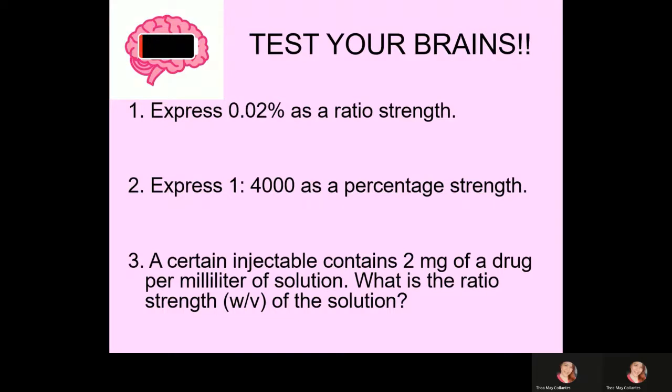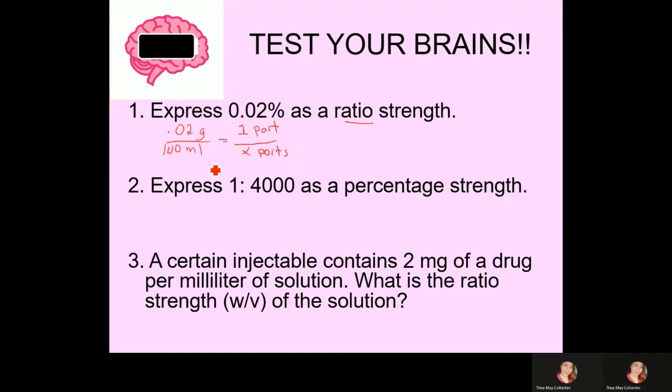Okay, so from here we are going to solve for the example for your ratio strength. Express 0.02% as a ratio strength. So as you can see again, 0.02% would be about 0.02 grams over 100 ml of your solution. So in order for you to get your ratio strength again, what do we do? We should just use one part. Okay, you relate it to 1 and then just put X below.